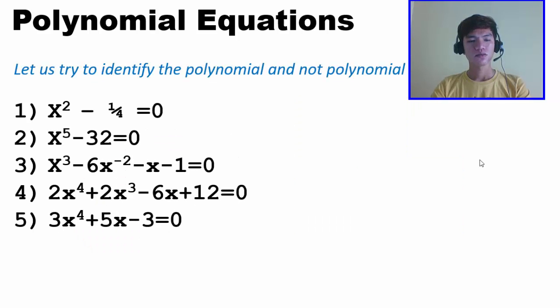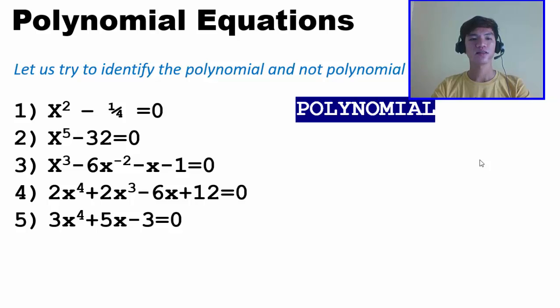Then we have here another set of equations. So let's try to identify. First one is x squared minus 1/4 equals to 0 is a polynomial. x raised to 5 minus 32 equals to 0.